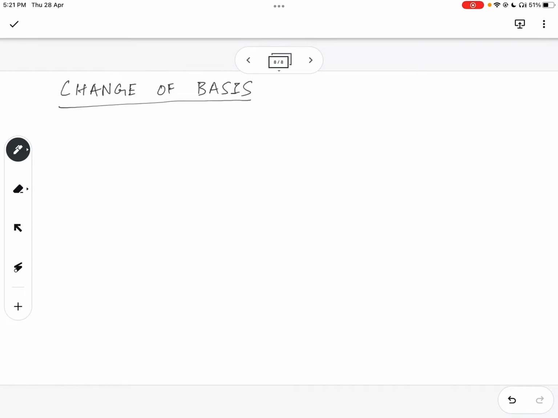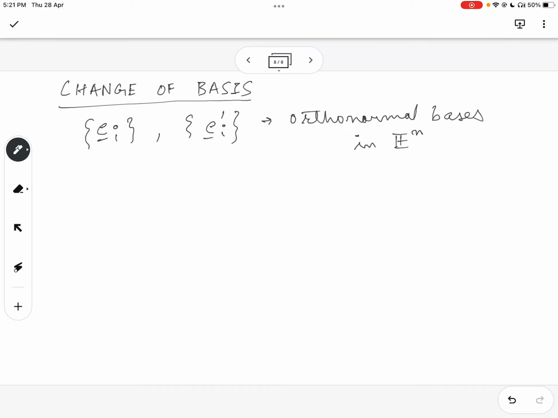So say we have two orthonormal bases, sorry, Ei and Ei prime. These are two orthonormal bases in En.